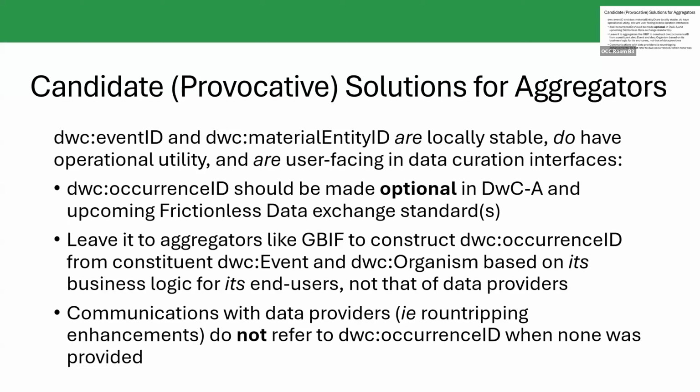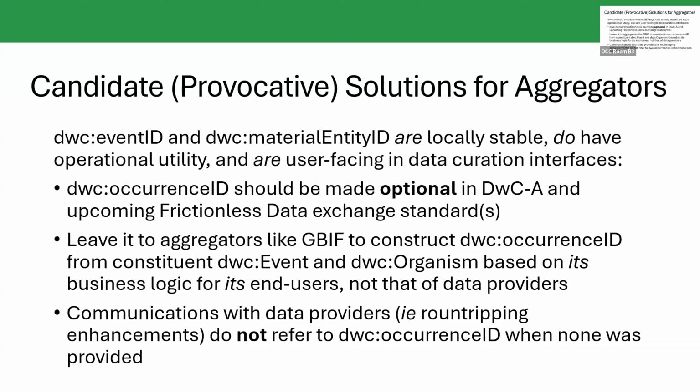We should leave it to aggregators like GBIF to construct Darwin Core occurrenceID from constituent Darwin Core event and Darwin Core organism based on its business logic for its end users, not that of the data providers. And communications with data providers, i.e. round-tripping enhancements, should not refer to Darwin Core occurrenceID when none was provided.